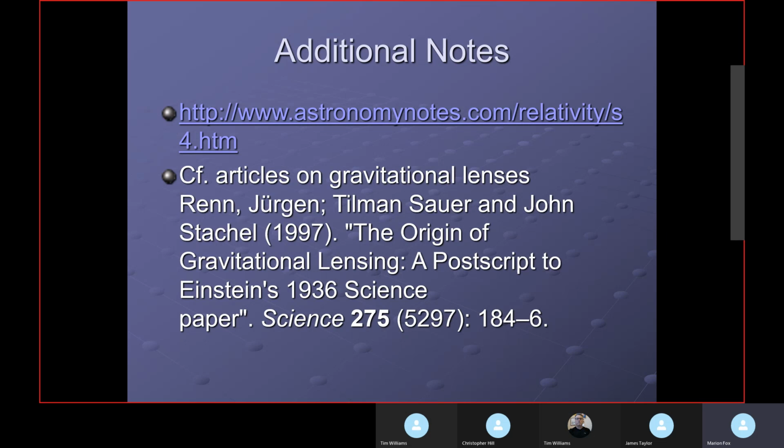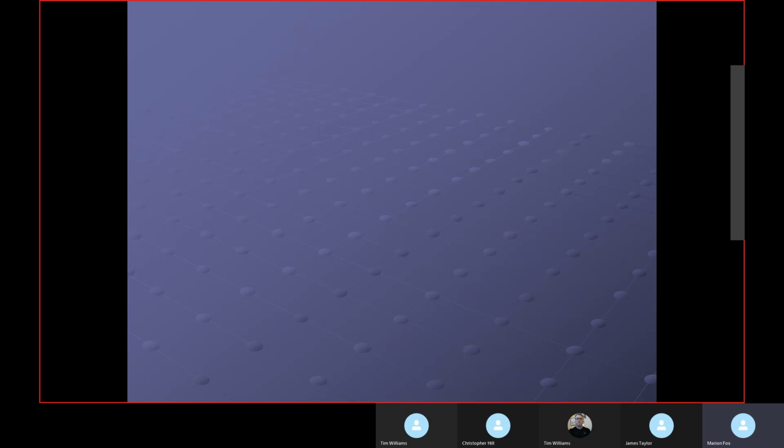Okay, that'll be your page numbers. And this is a postscript on Einstein's 1936 science article on this very subject. There are a number of articles that are out there. Of course, sometimes the math gets a little bit heavy for some people, gets into some calculus and so forth, but some of them are readable by the average layman.